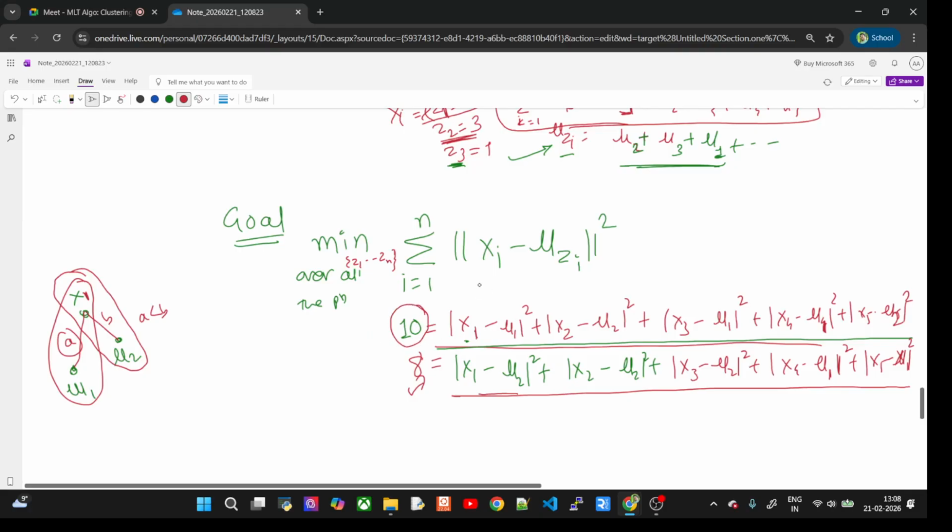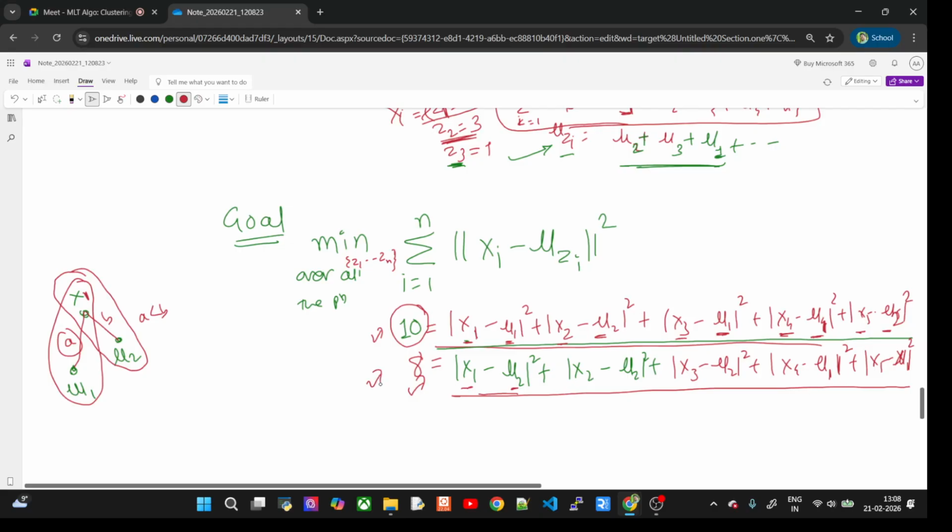So with the first attempt, x1 is near mu1, x2 is near mu2, x3 is near mu1, x4 is near mu1, x5 is near mu2. You separate x1 till x5 into two boxes, put x1 with mu1, and got a total value of 10. Then you tried x1 with mu2 and got 8.